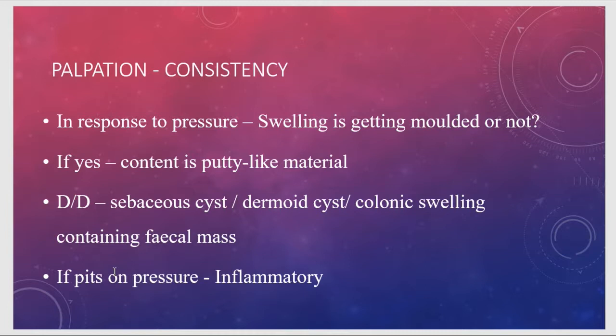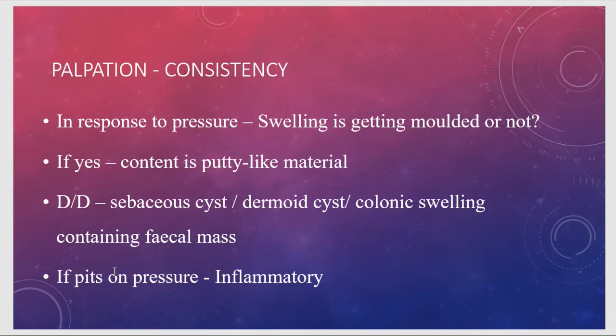In response to pressure, we are applying pressure with our fingers. The question is whether the swelling is getting molded or not. If the swelling is getting molded, it is suggestive that the content could be putty-like material, and the differential diagnosis could be a sebaceous cyst, a dermoid cyst, or sometimes a fecal-loaded colonic swelling, the colonic swelling containing fecal mass.